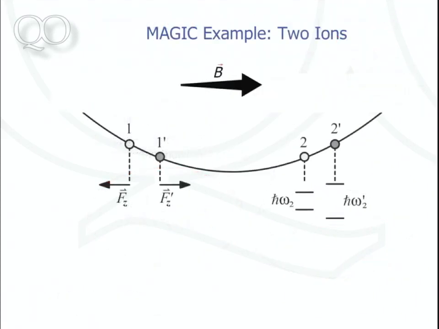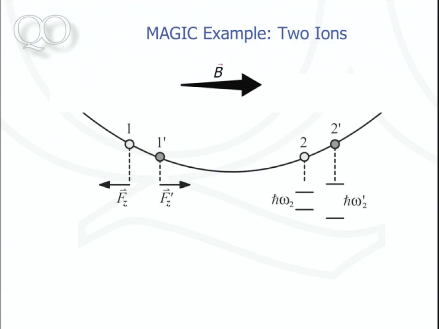Okay, just let me take one slide to remind you how this spin-spin coupling works actually. So here we have a harmonic oscillator potential. We have a trapped ion sitting at position 1, and in this field gradient the spin of this trapped ion experiences a force, let's say that points in this direction.